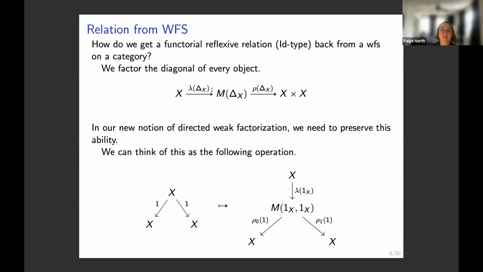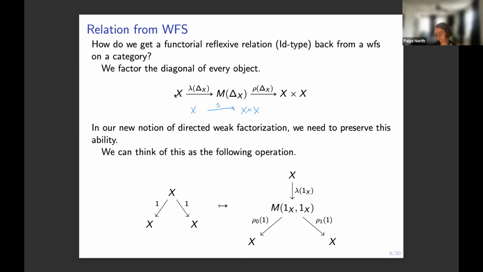Okay, and so in our new notion of directed weak factorization systems, we want to preserve this ability. And we can think of this as the following operation. Let me start to write something here on the screen. We can move away from thinking about the diagonal map and using the product, and think about what's really going on.